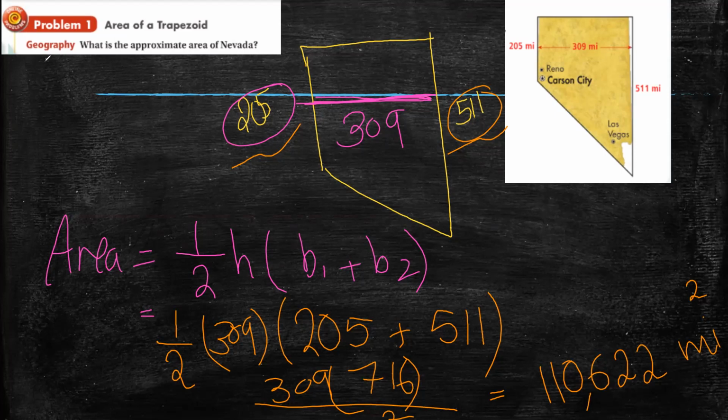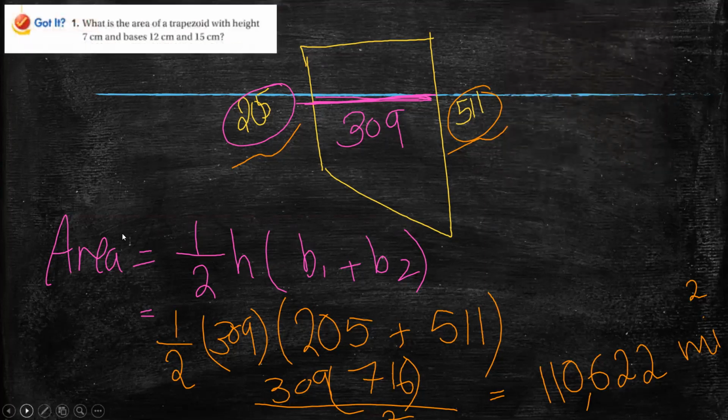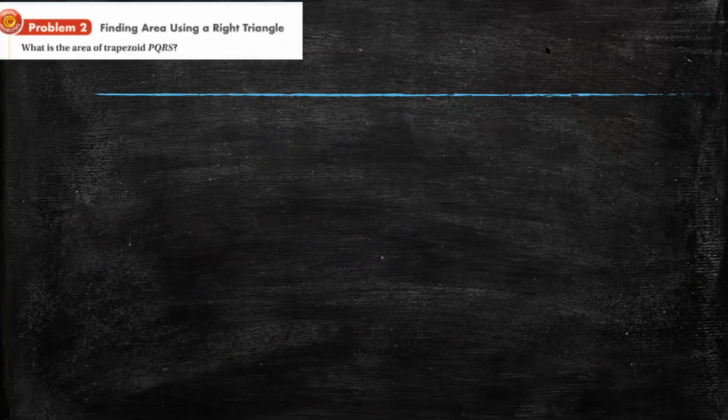Let's have another question now. In this one here, he asked me to find the area of the trapezoid with the height 7. So here we have a trapezoid like this.